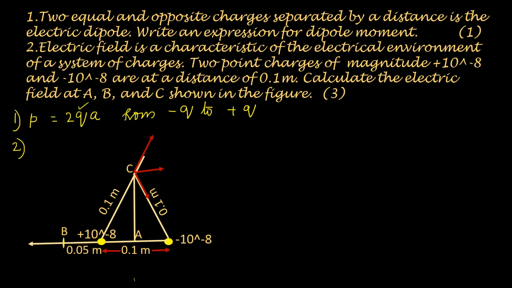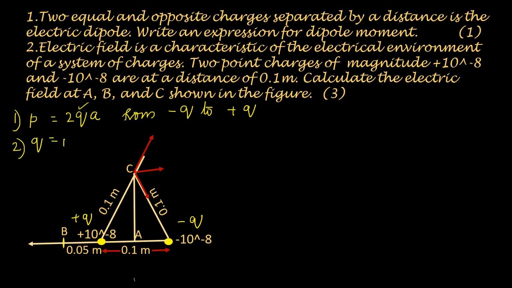Now we will pass on to the second question. This is negative q and this is positive q. But in this diagram, they have chosen to give the positive q on the left hand side and the negative q on the right hand side. No problem, we will understand it.